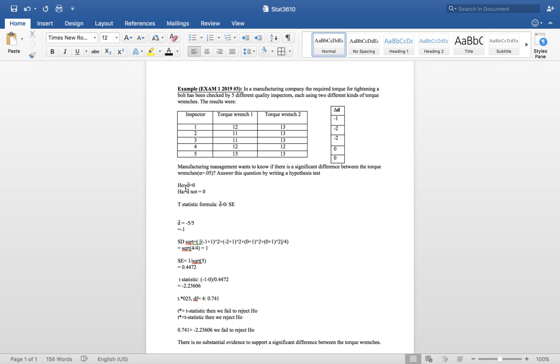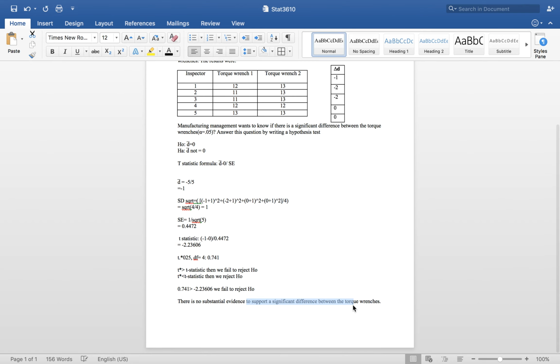Okay. So if you had rejected H0, you would have shown that there is a difference between torque wrenches 2 and torque wrenches 1. Okay, so that's really it.